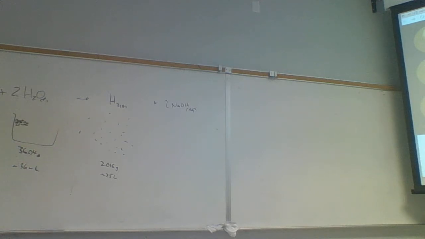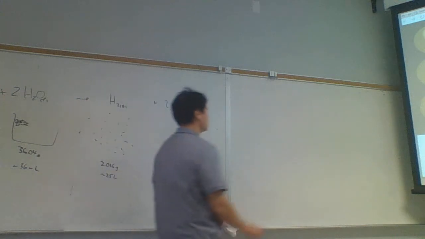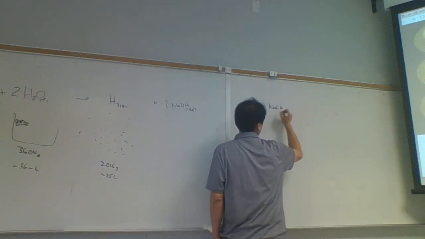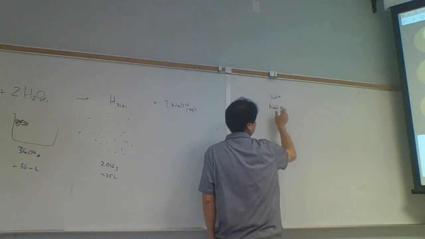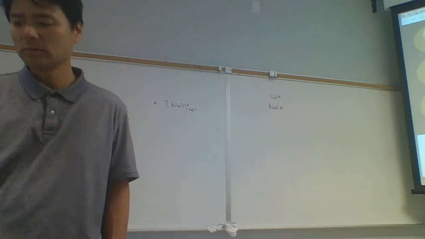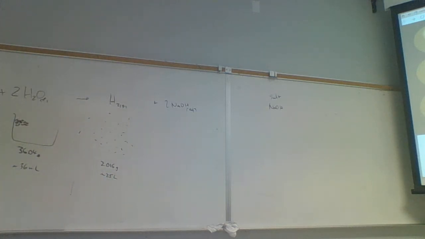Sodium hydroxide, what is that? Well, that's what we call a salt. Sodium hydroxide is a salt. A salt is like an ionic compound that's not an acid. It's not an acid, it's typically called a salt.